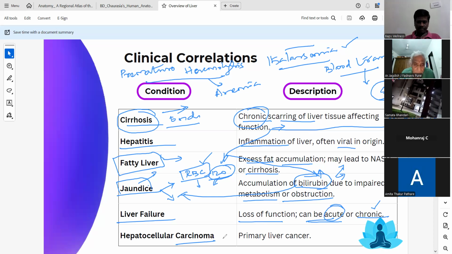Carcinoma is cancer. Hepatic is liver. Liver cell cancer, that is liver cancer. This is one of the deadliest cancers, as the liver is involved in the detoxification activity and maintains almost all these metabolic activities. Any problem in the liver itself, because it is the protector of the body.